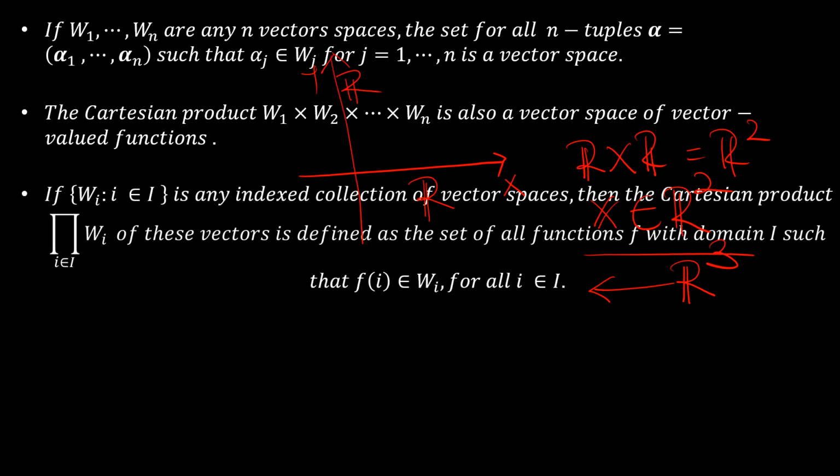Interestingly, just to put some definition onto paper, if Wi, such that i is an index element of capital I, is any indexed collection of vector spaces, then the Cartesian product expressed here of these vector spaces is defined as the set of all functions with domain I such that the ith evaluation of that function is a member or an element of vector space Wi, for all i being members of capital I.